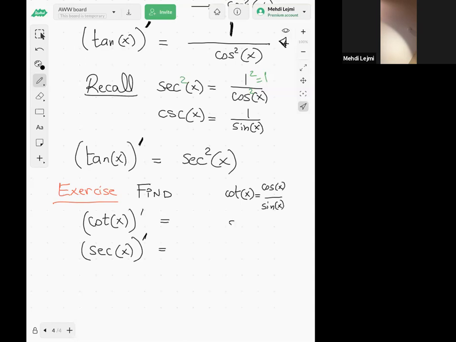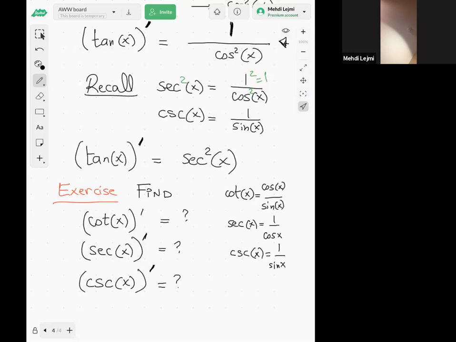and again, secant of x is just 1 over cosine, right? And then the derivative of cosecant of x, which of course is 1 over sine of x.